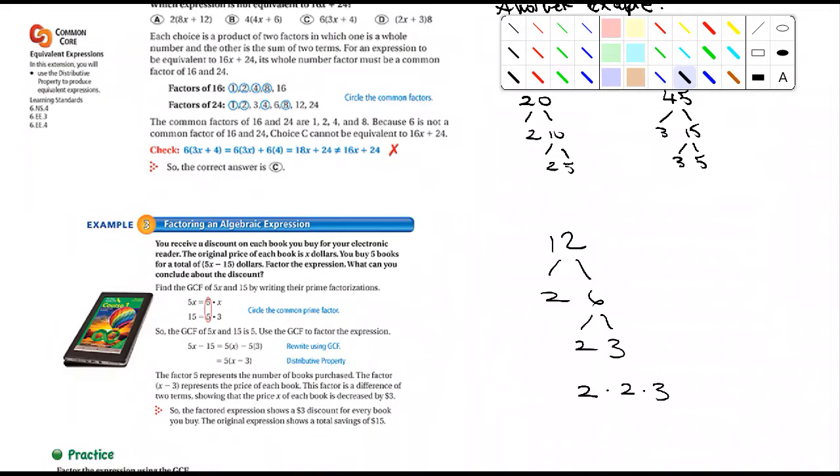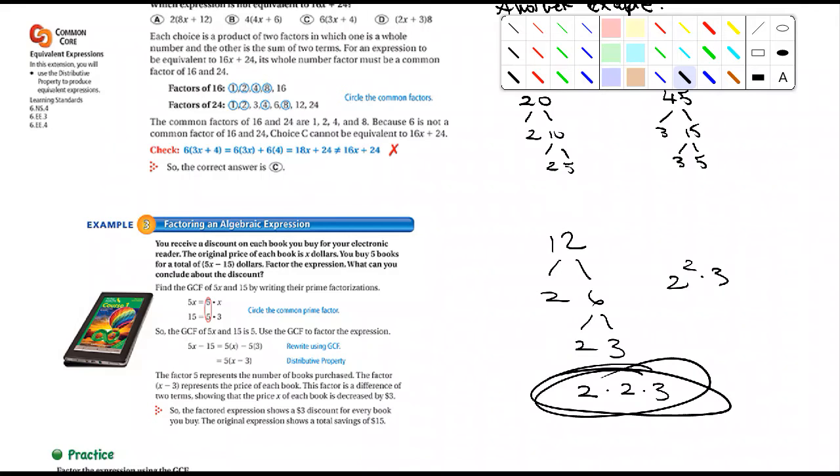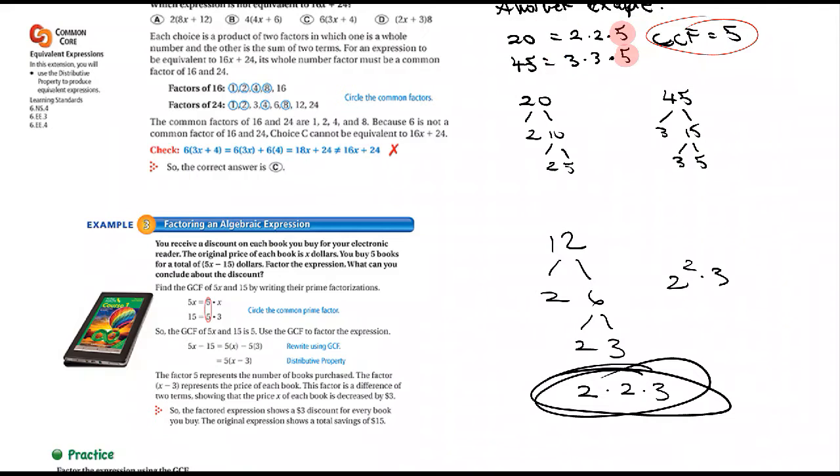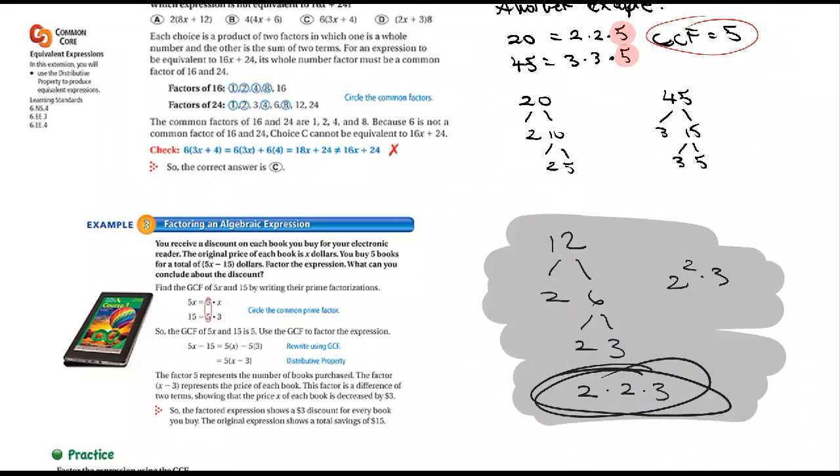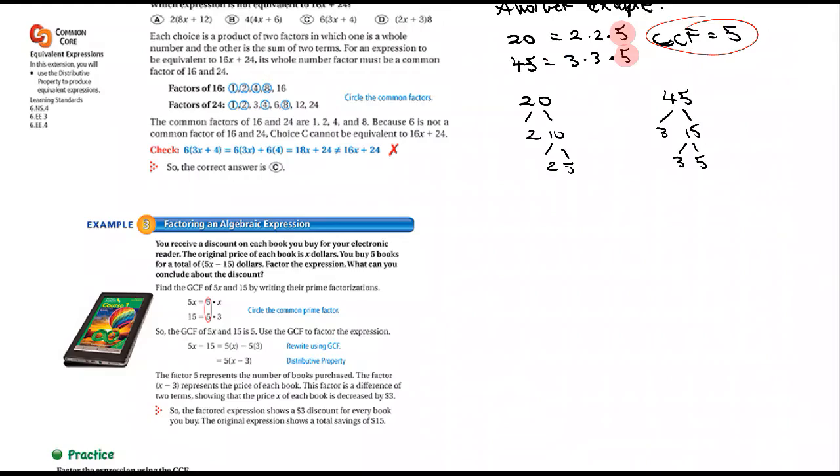Not quite sure if I'm phrasing it correctly. I think they may have used some different verbiage. This is what I'm talking about. You could write it as 2 squared times 3, but I just want you to list them. That's the better way to do this lesson right now.